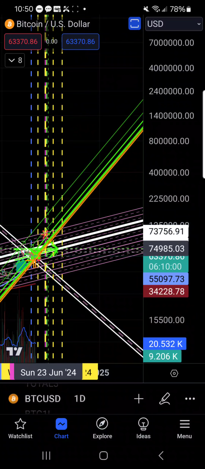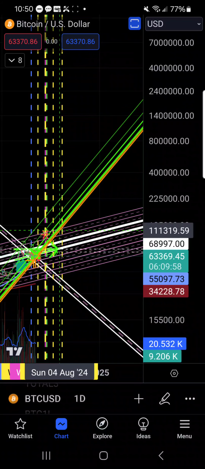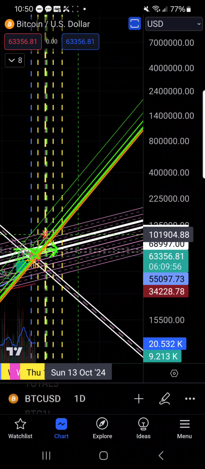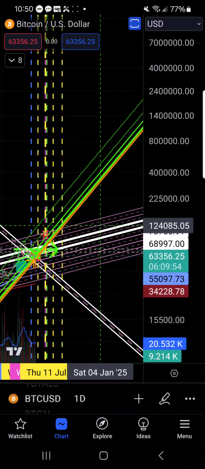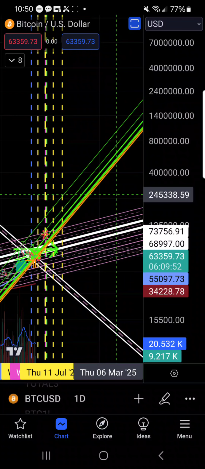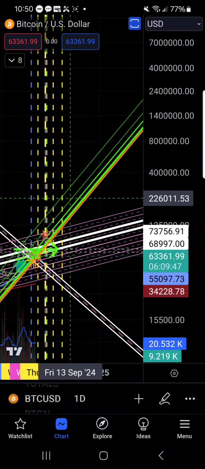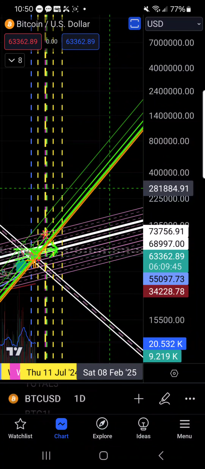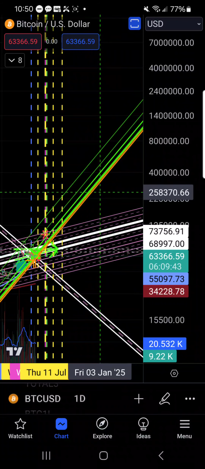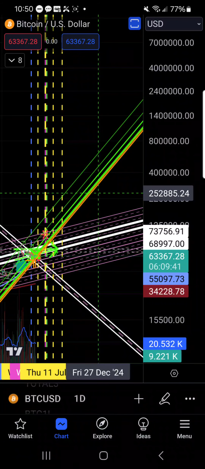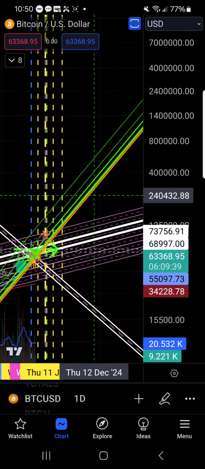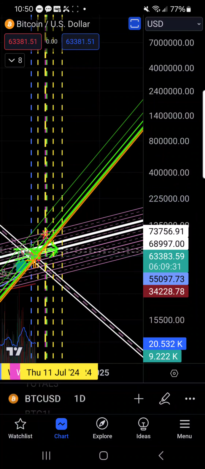Now, probably what would happen is that we travel up in this channel, have a little correction, travel up in the channel, have a little correction, travel up in the channel. So we get to something like 250,000. This channel would shift over. But yeah, I see us up there. I see us way up there by the end of the year.